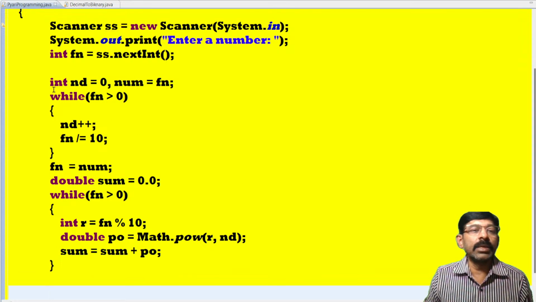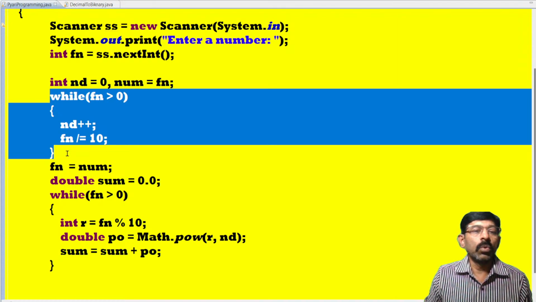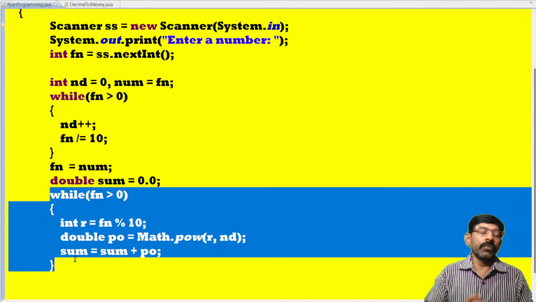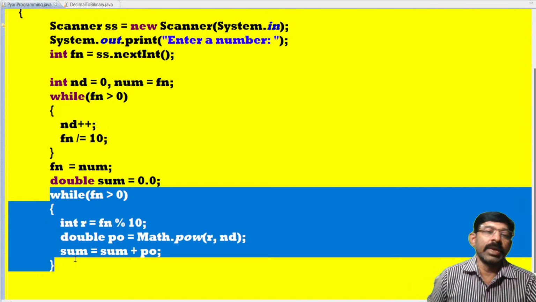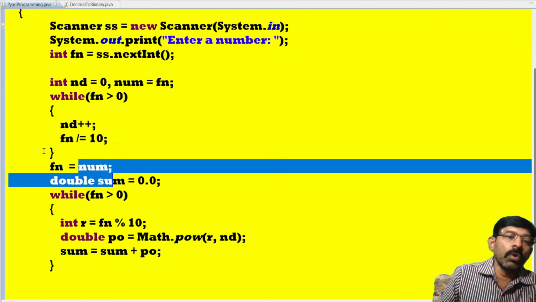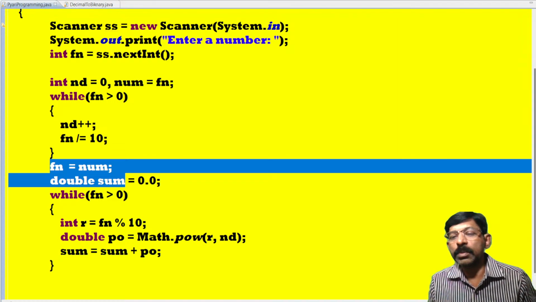And after coming out of this loop, my Fn is 0. Now if I do the sum of each digit to the power number of digits, I will again extract the digit. If I use NUM, it will become 0, Fn is 0. Then how will you compare? Understood, Subhasmita?